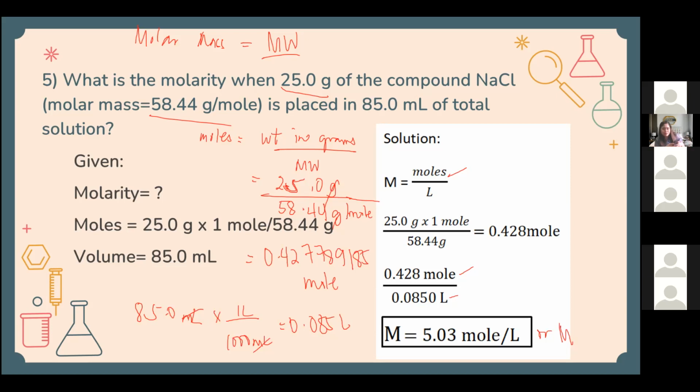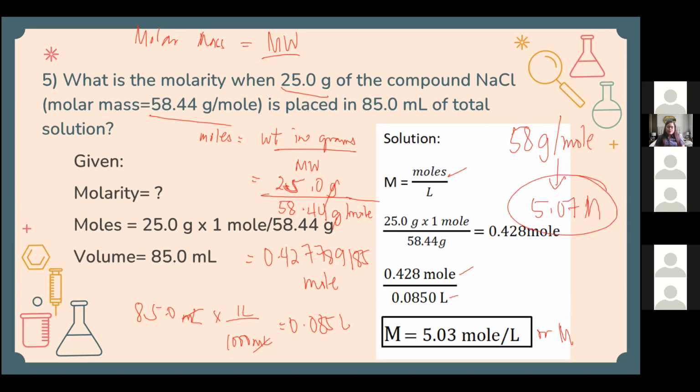Questions? Let's try the 58. 25 divided by 58 is 0.43, divided by 0.085. So if you used the whole number 58 grams per mole, the answer will be 5.07 molar. That is also correct.